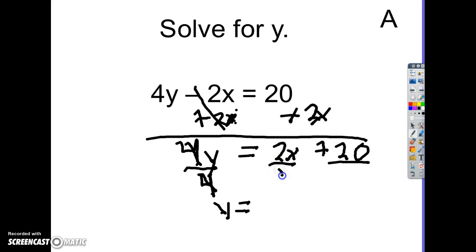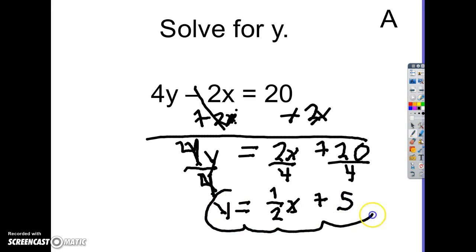On the right, we put the same number under the 2 and under the 20. So 2 over 4 is a fraction, which simplifies to 1/2 x. And 20 over 4 is an improper fraction, which we divide and get 5. So it's y equals 1/2 x plus 5. And that is in our slope-intercept form.